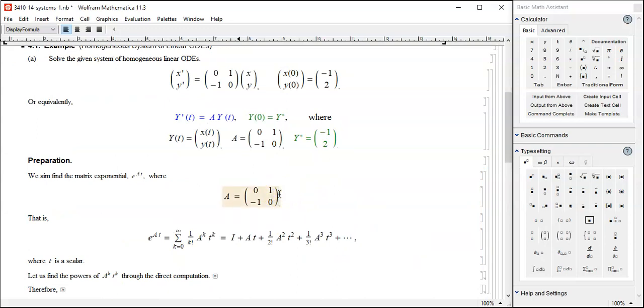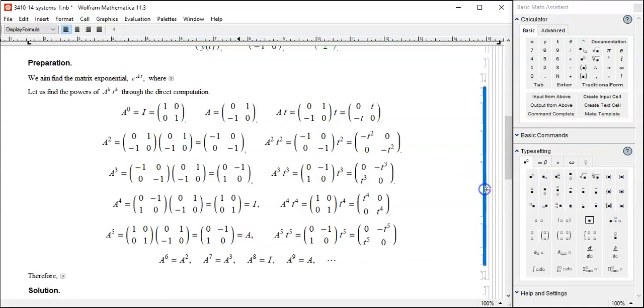This is a matrix A, and then this is the Taylor series expansion of exponential, and this is coming directly from the definition. And then from here, we want A to the k power times t to the k power. So let's calculate those, and here are some brute force computations, my goodness. All these. And then in the end, we find some pattern.